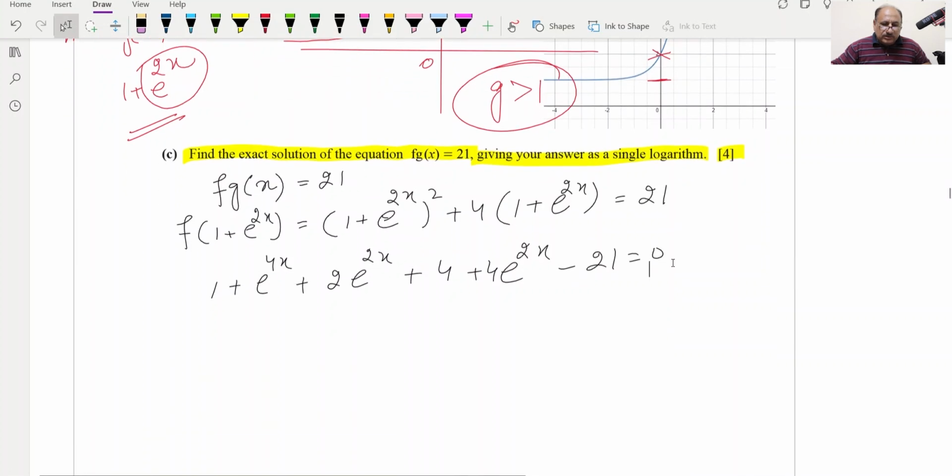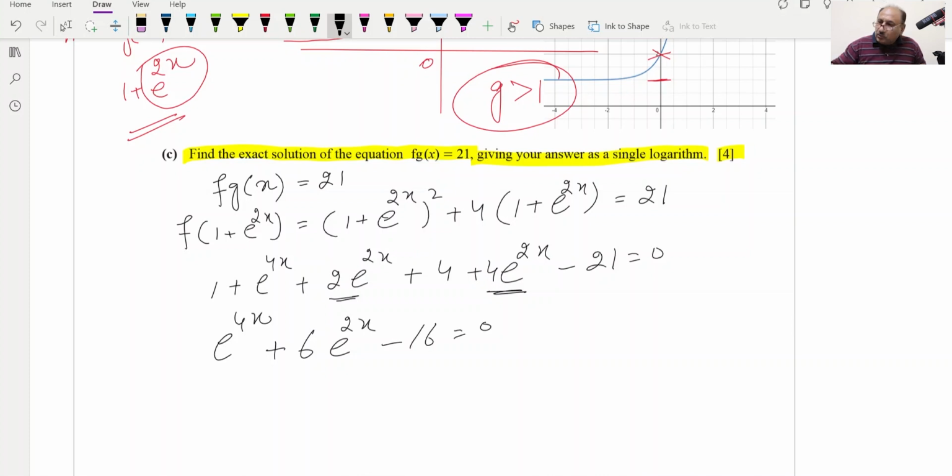Further, we can simplify this one: e raised to the power 4x as it is, plus 4 e raised to the power 2x and 2 e raised to the power 2x, so it will be 6 e raised to the power 2x, and constant values will be 1 plus 4 which is 5, minus 21, so minus 16 is equal to 0.